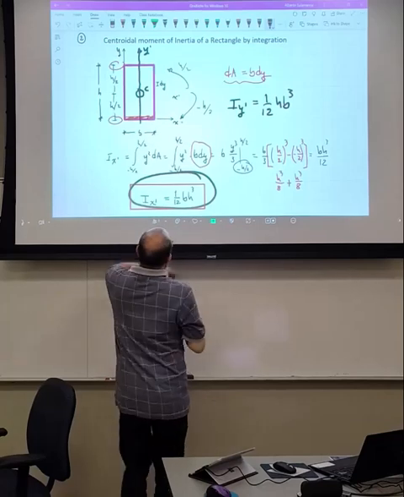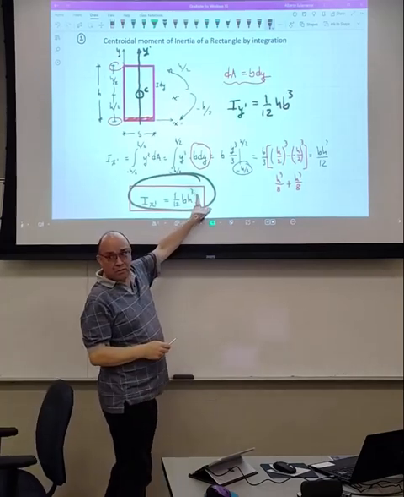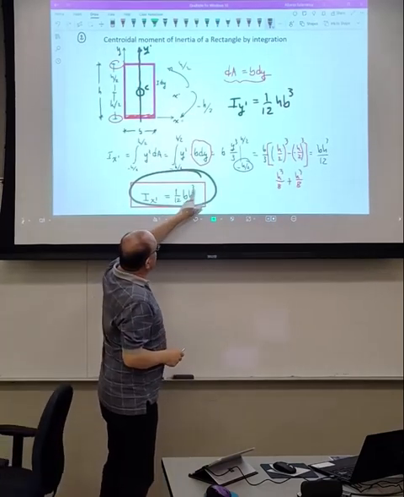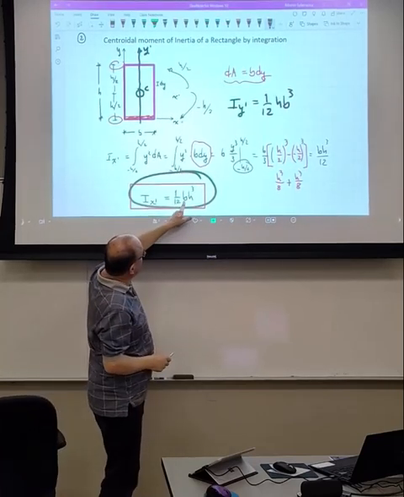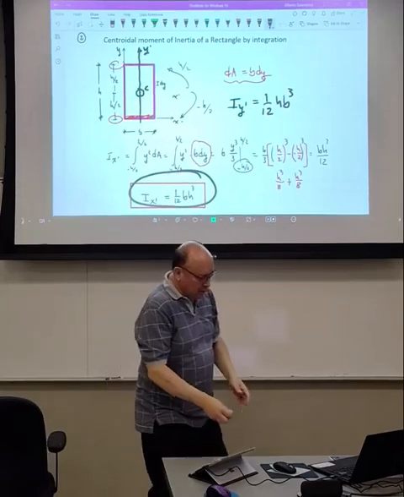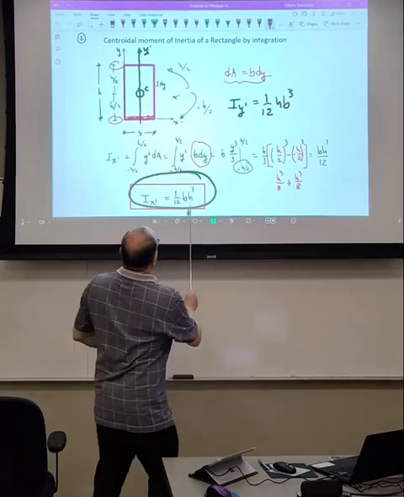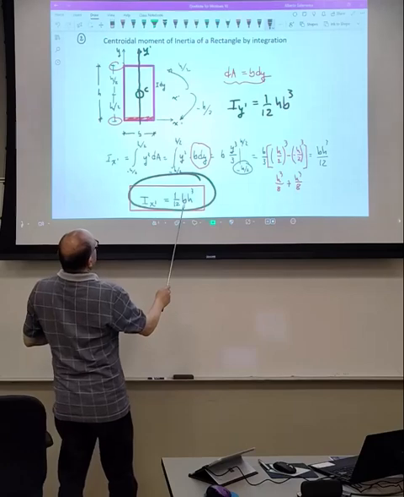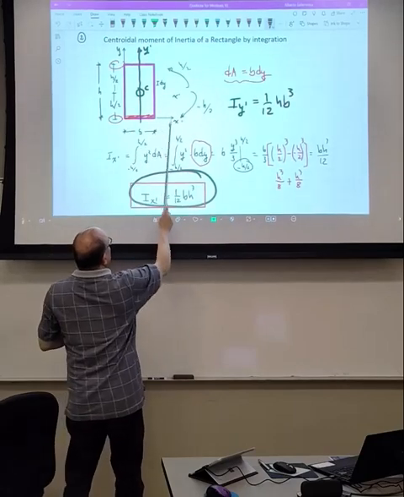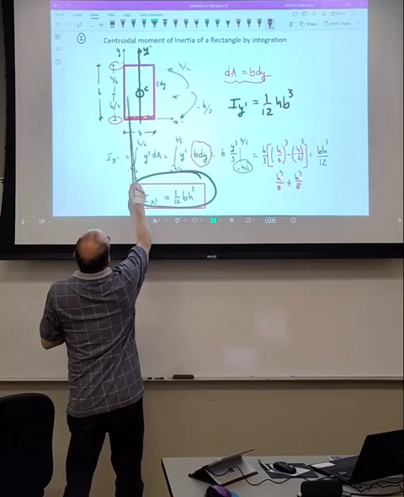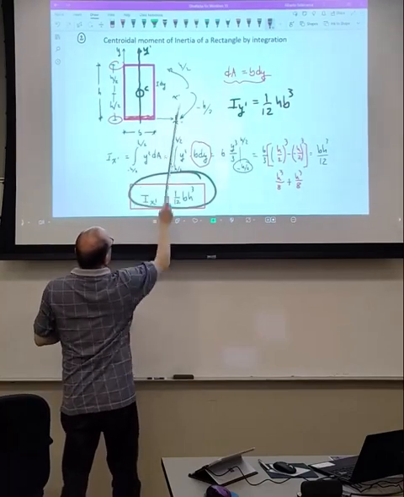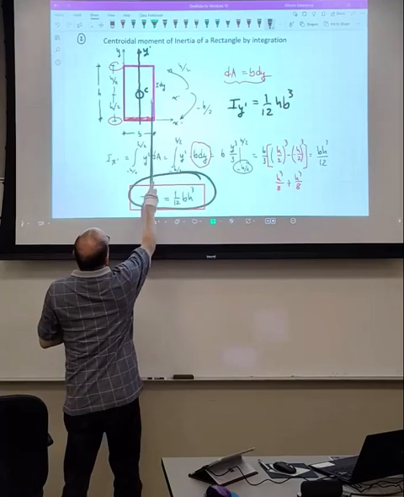Be careful which one goes to the cube. The term that goes to the cube is the term that is perpendicular to the axis, and the term that goes to the first power is the one that is parallel to the axis. Before, b was parallel to the axis we were working with, so it was b h cubed.